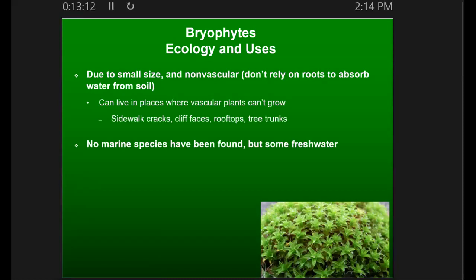So far, we haven't seen any in marine systems in the ocean. There's certainly some in freshwater. And if you go into more extreme habitats, they tend to outnumber the vascular plants, which is interesting. But they tend to be able to survive and go into long dormancy when needed, and then revive and come back and be active after the hostile environmental conditions have calmed down a bit.